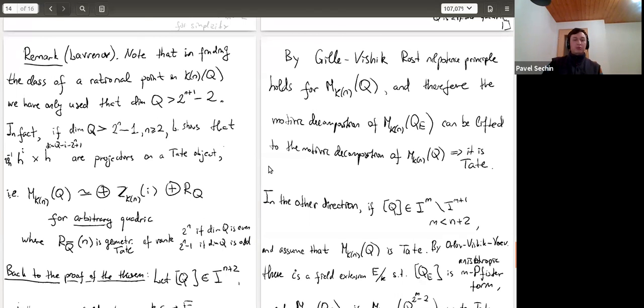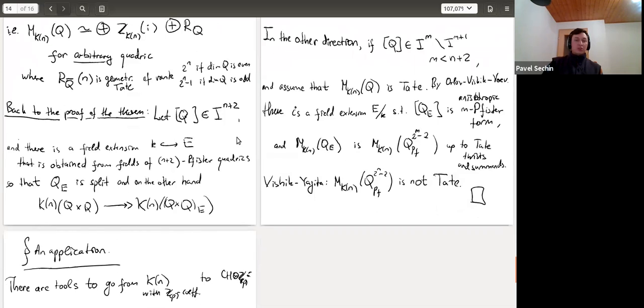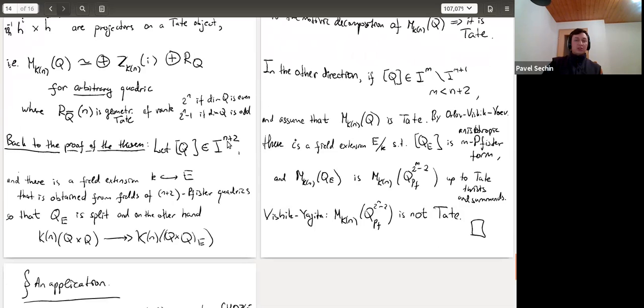Okay, so back to the proof of the theorem. We want to show that if the quadric has its class in the (n+2)th power of the fundamental ideal, then its Morava n-th motive is Tate.